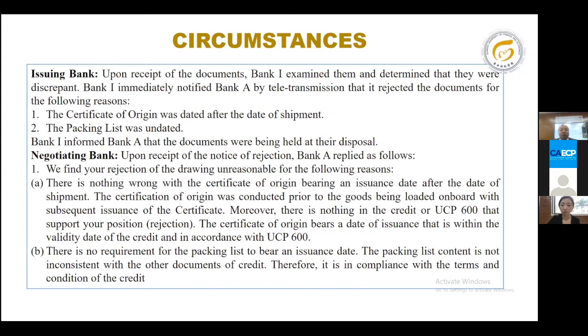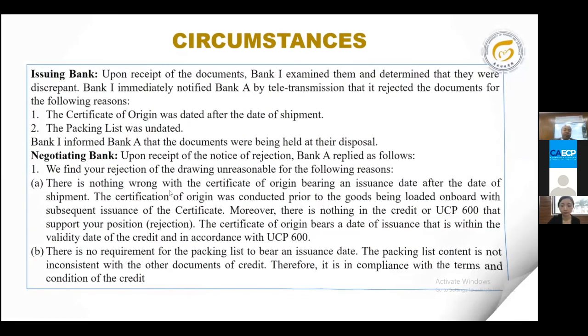According to the law of credit, there's no requirement for the packing list to bear an issuance date. The packing list content is not inconsistent with the other documents of credit. Therefore, it is in compliance with the terms and conditions of the credit. So there are some answers here already to this problem.